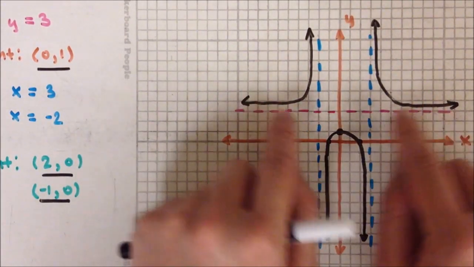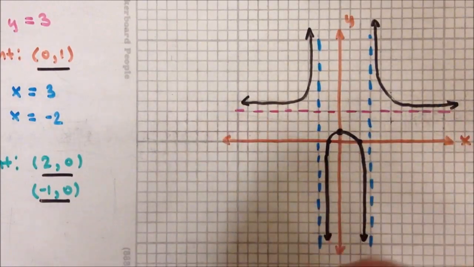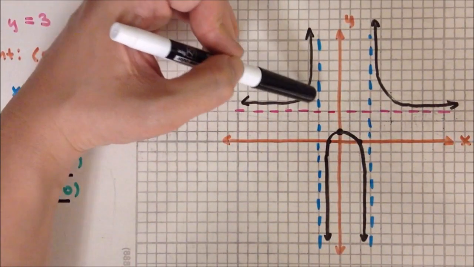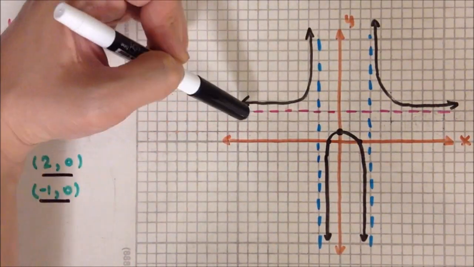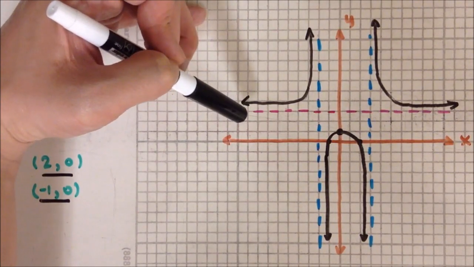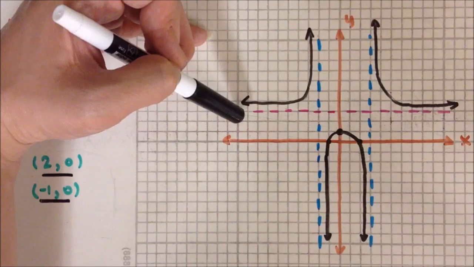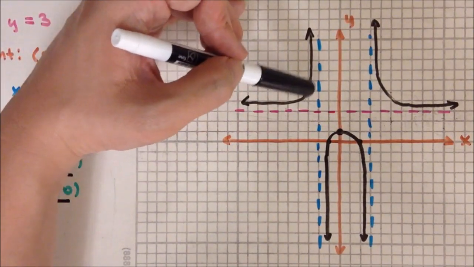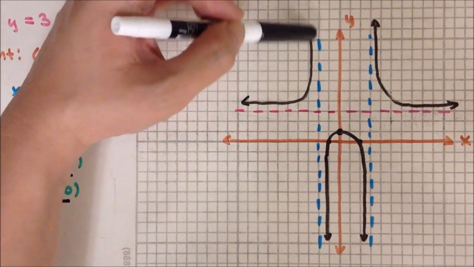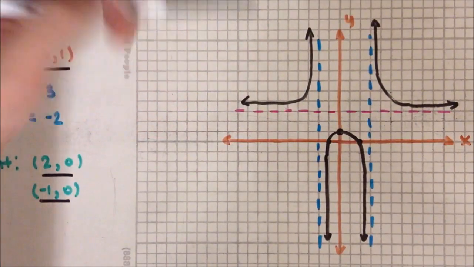Now the outer graphs, the left graph and the right graph, never touch the vertical and horizontal asymptotes. I repeat, they don't touch the vertical asymptote and the horizontal asymptote. They use the horizontal asymptote and the vertical asymptote to determine the end behavior.